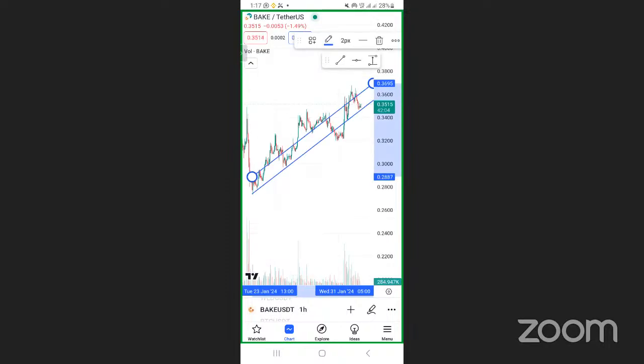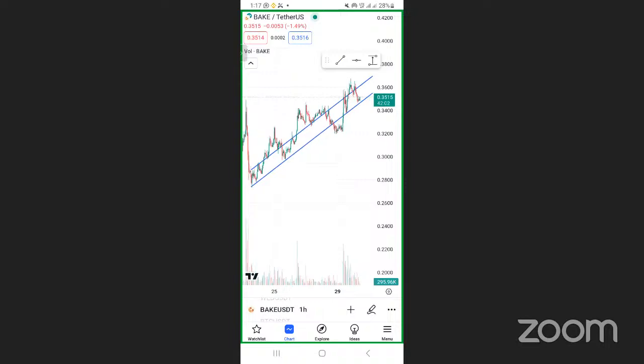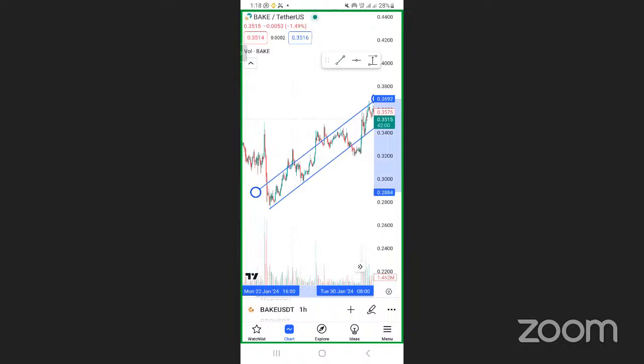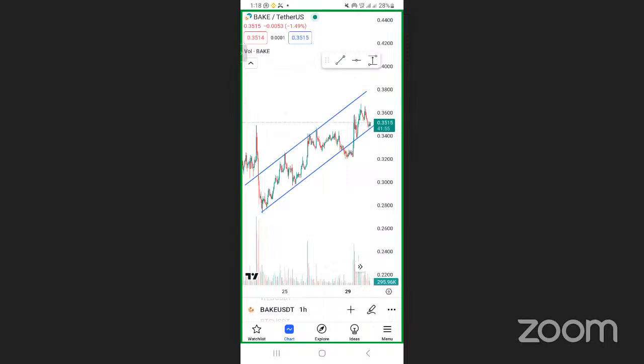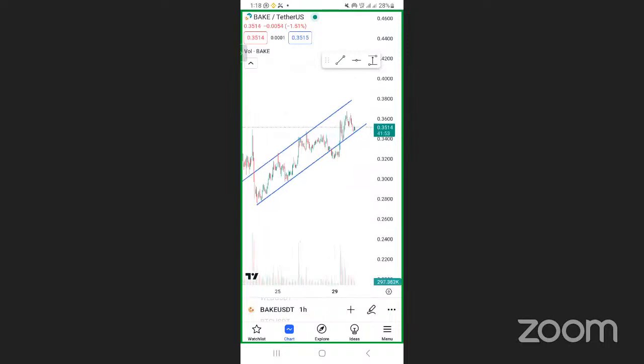Just click on clone. If you clone, another will show up on top like that. So just be waiting, like someone who waited here and saw that it made this move. Wow, it was nice, 12%.